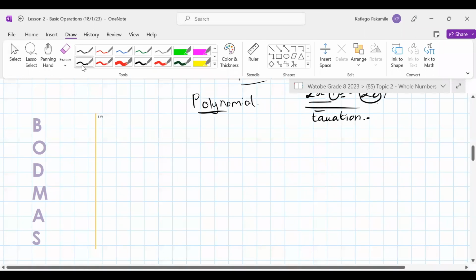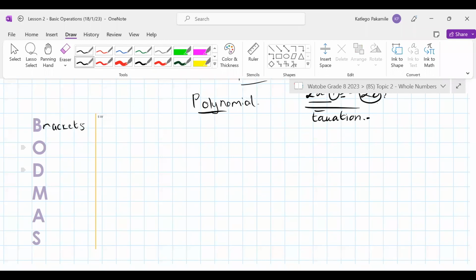B stands for brackets. Brackets. O stands for order. Order. D stands for divide. Divide or division. M stands for multiplication.